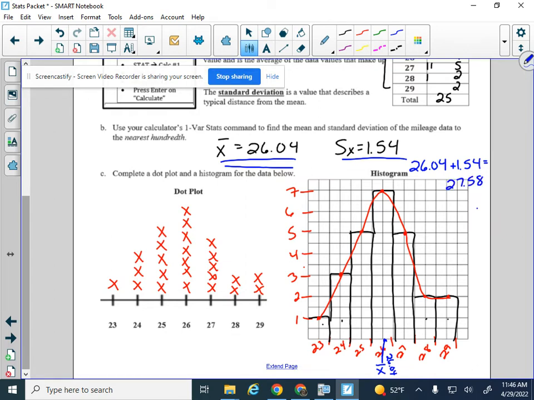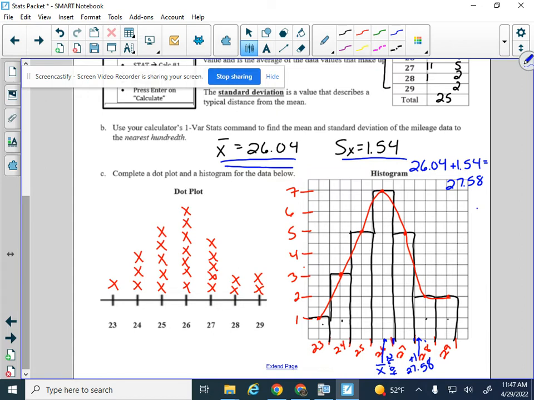So I'm gonna go to here, we're kind of at 27.58. This is really like 26.5, that's 27.5, so that's right here, kind of heading to the middle, that's 28. So this is 27.58, and I'm also gonna write that's when I added 1 standard deviation.